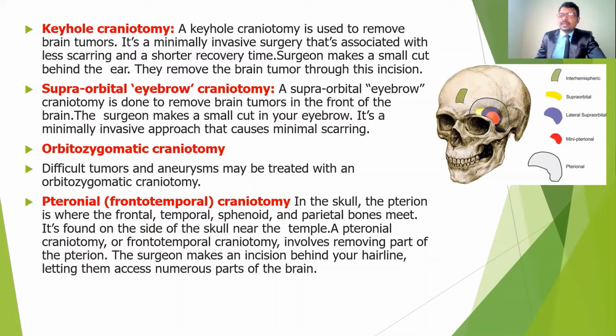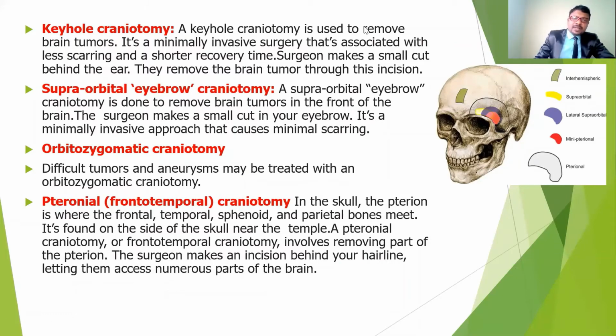For example, parietal craniotomy is in between the frontal and temporal region. If the opening is at the orbital and zygomatic region, the craniotomy is called orbitozygomatic.